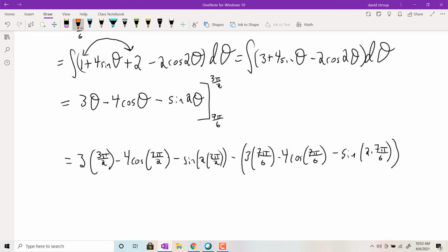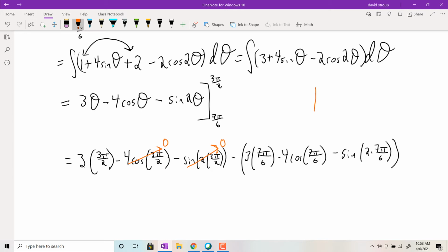So anyways, cosine of 3 pi over 2, that is going to be 0. So this part is 0. Sine of 2 times 3 pi over 2 will be sine of 3 pi. Any multiple of pi, the sine of that will just be 0. Okay.